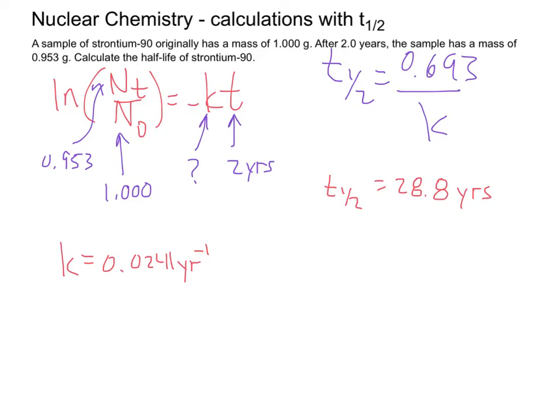So in the western U.S., if you were careful, you could probably still tell where people lived a lot of their lives based on how much strontium-90 they've absorbed into their system, due to above-ground testing of nuclear weapons in the 1950s. So with a half-life of 28.8 years, 2 half-lives is what, 56, 57 years?